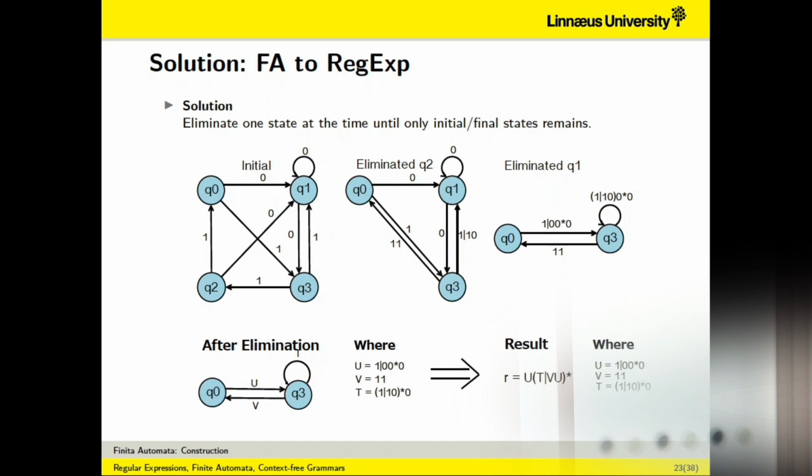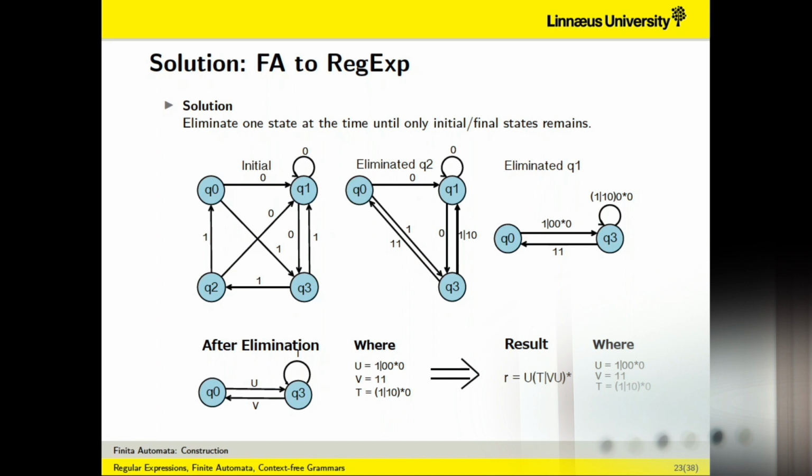So now the next step is to eliminate Q1, and when I eliminate this Q1, how many incoming edges are there? We have this one and this one. The remaining states will be Q0 and Q3, and we already have some connections between Q0 and Q3, so we need to maintain them.